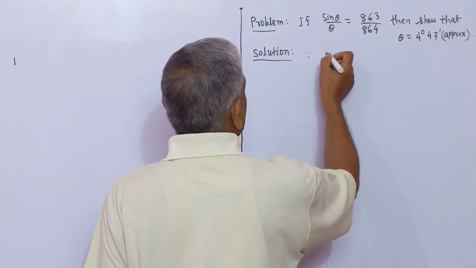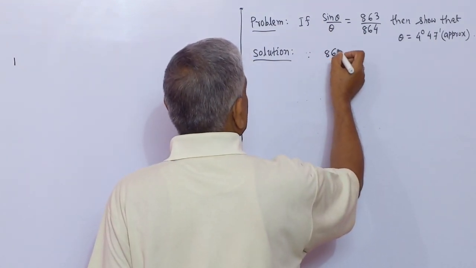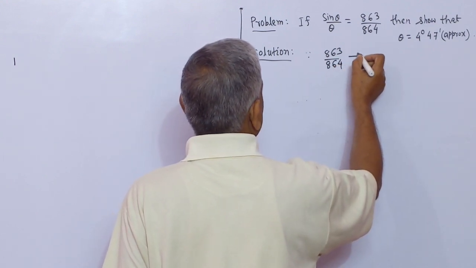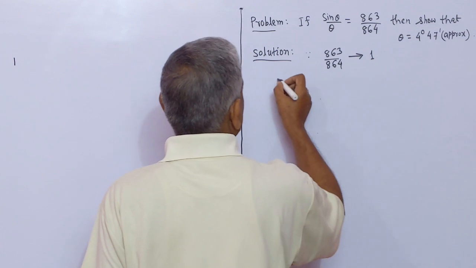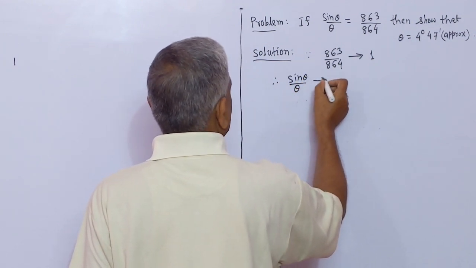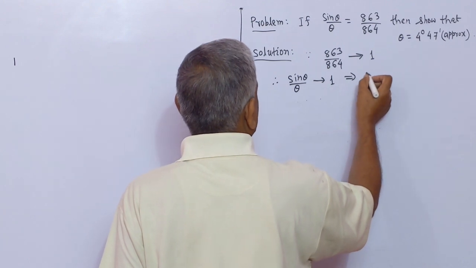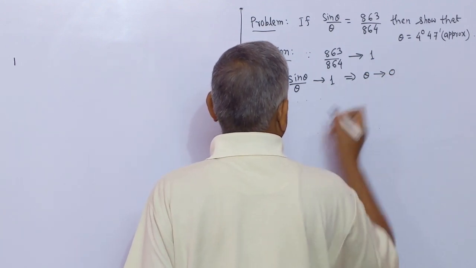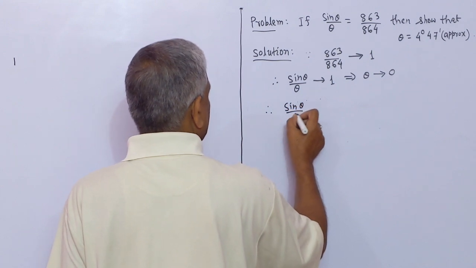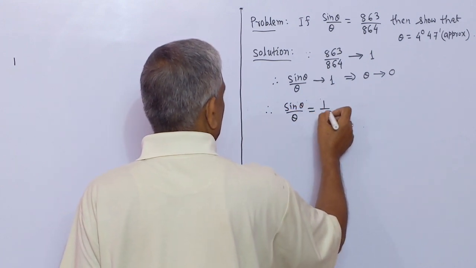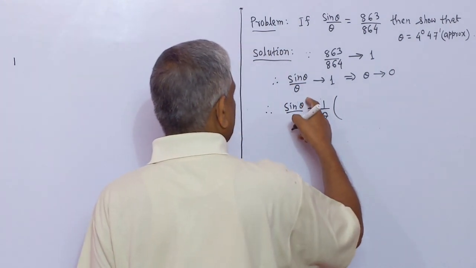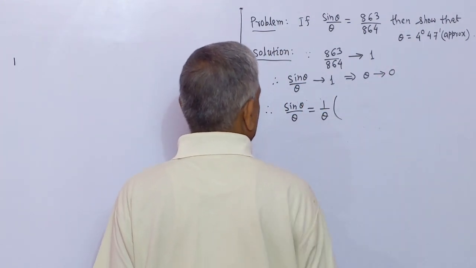Since 863 by 864 tends to 1, therefore sin theta by theta tends to 1, which implies that theta tends to 0. Therefore, we may expand sin theta in powers of theta because theta tends to 0 here.